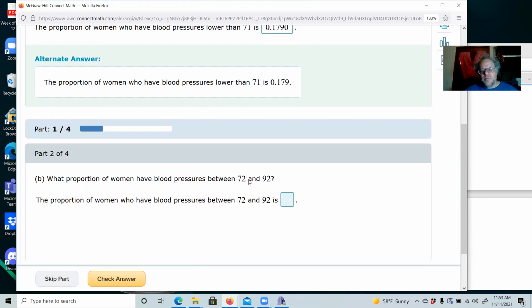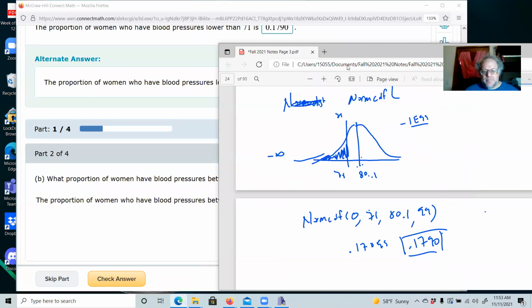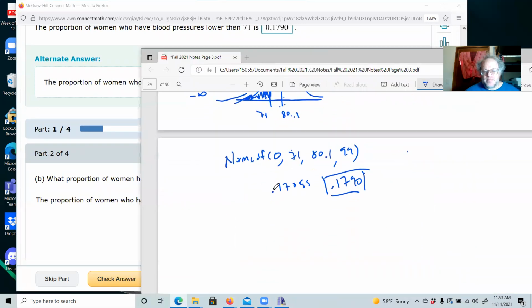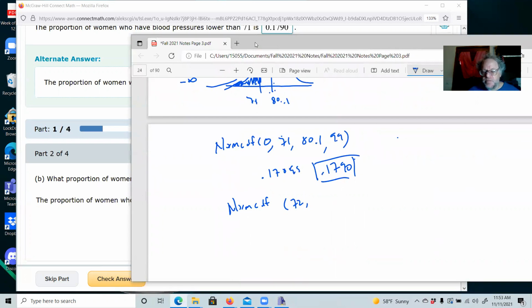Proportion of women who have blood pressure between 72 and 92. So when we do our norm CDF, we want the low number, that was 72, and the high number, that was 92. Same mean, same standard deviation for the whole problem.